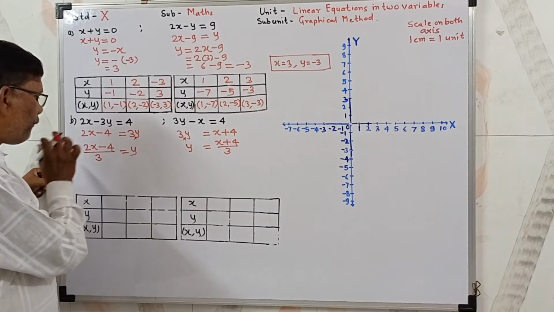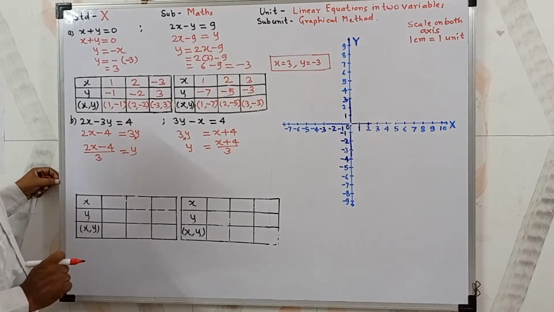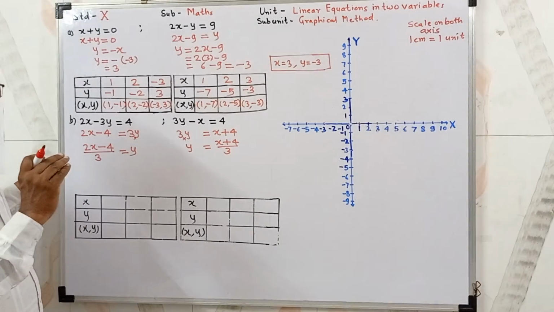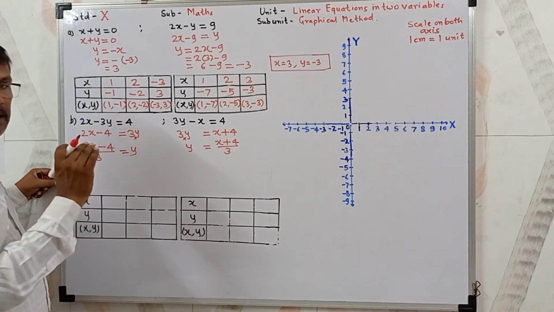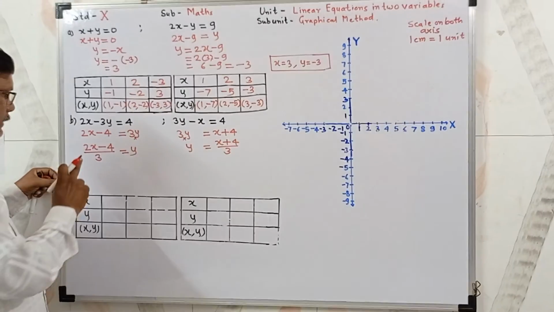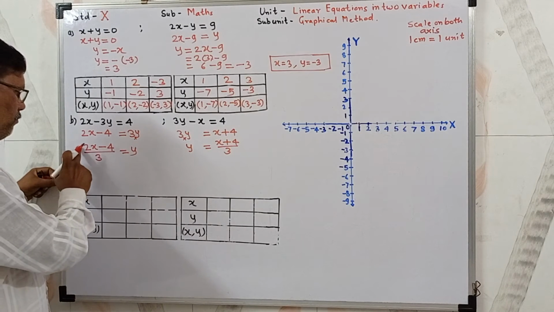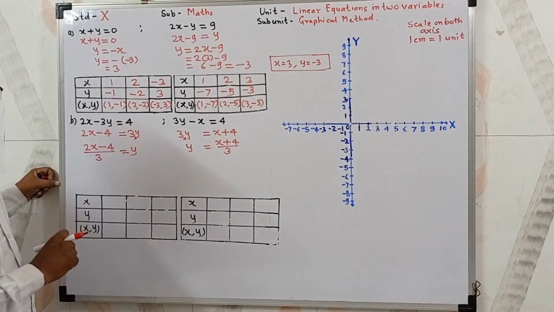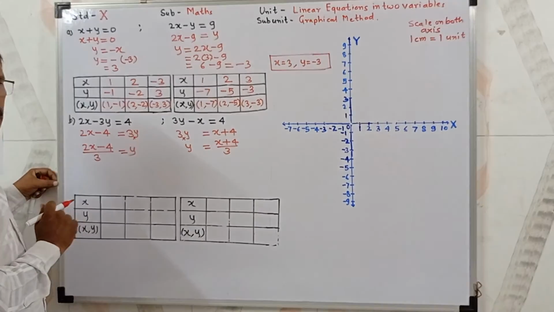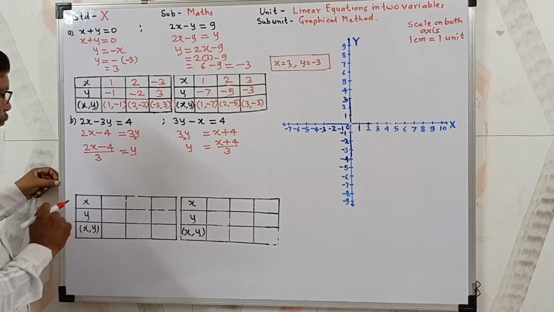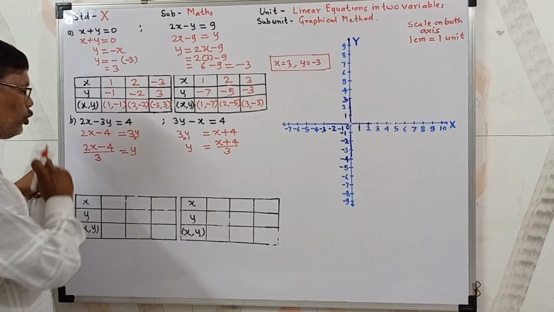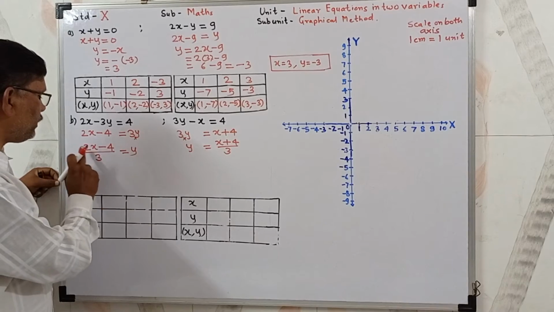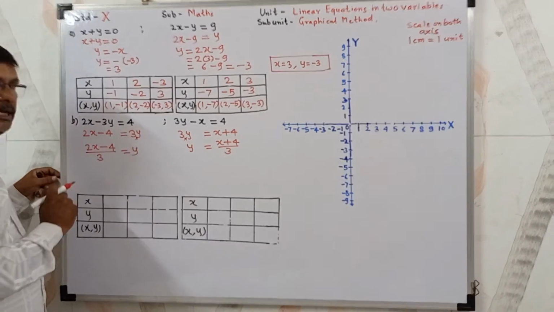So the upper side, the numerator's value, must be a multiple of 3.